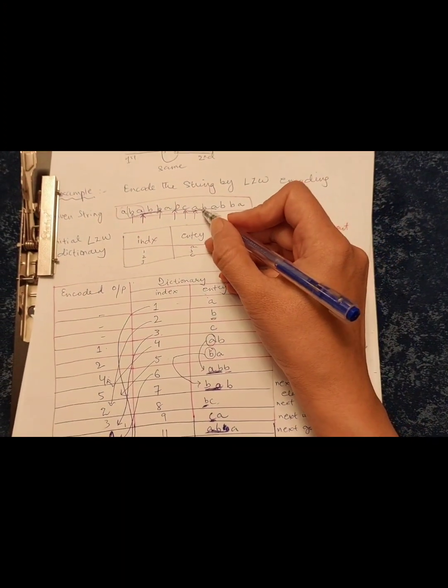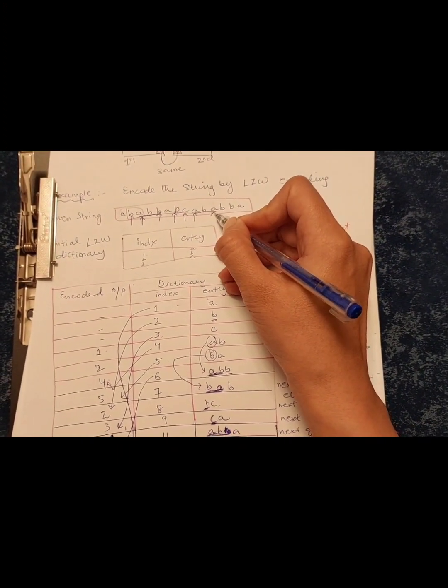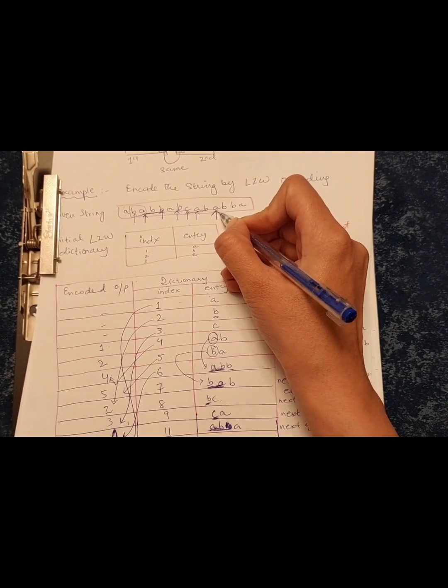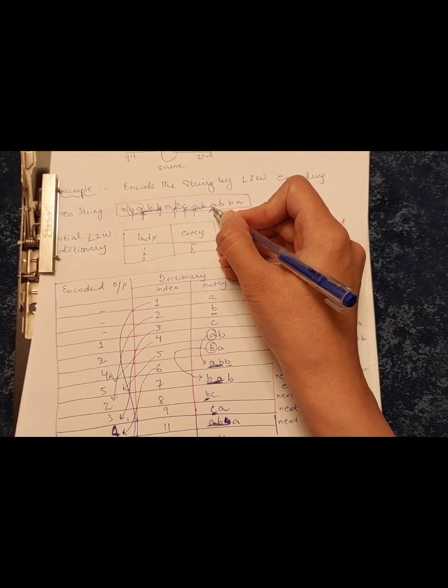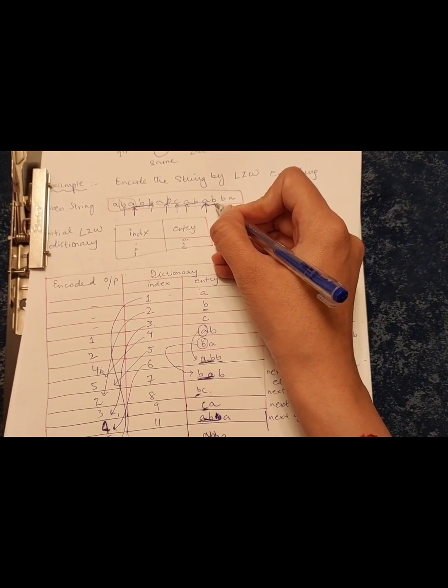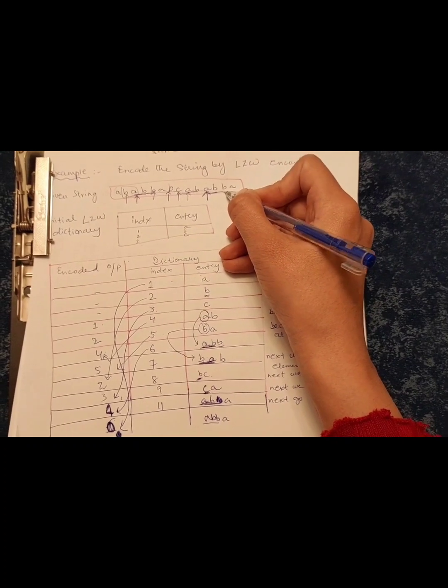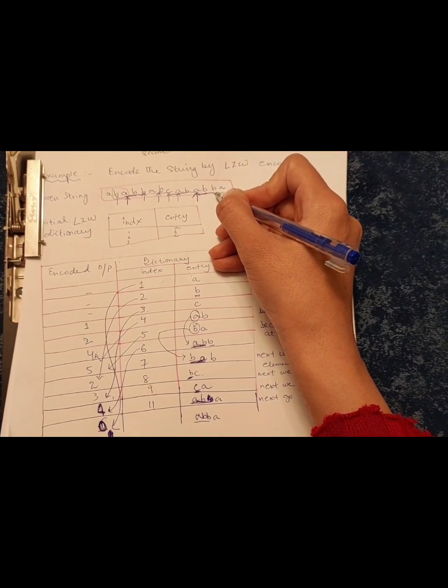Okay, so now from ABA move your pointer here on this A, because this is the last element of your previous iteration. So now you can consider AB, it was already there. ABB, it was also already there in your data entries.